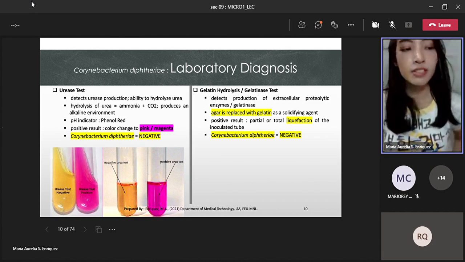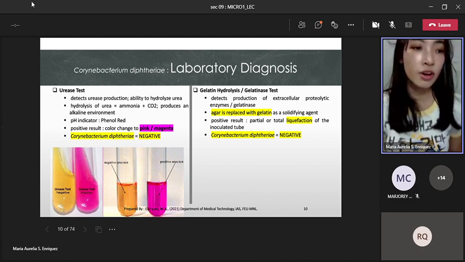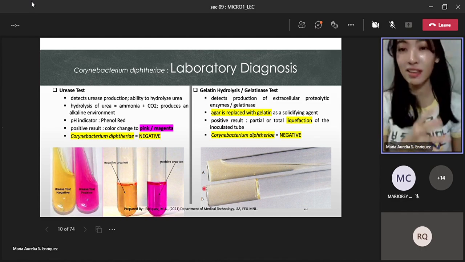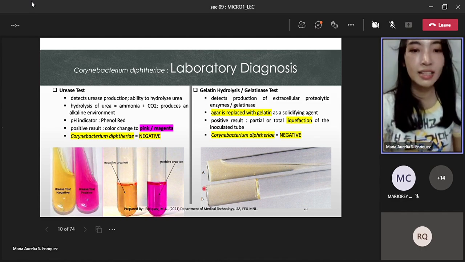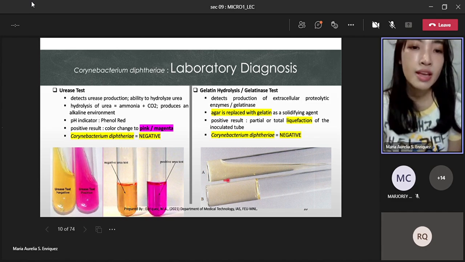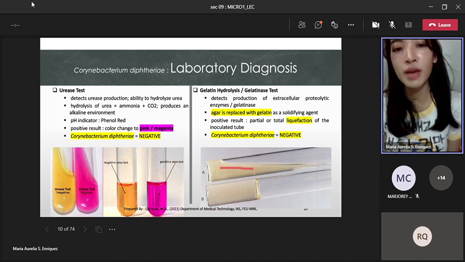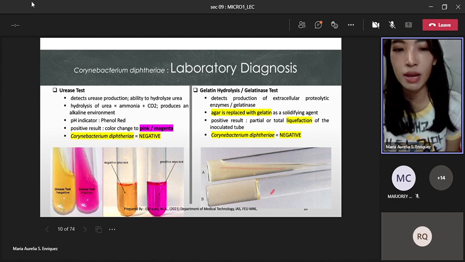Now, a positive result is indicated by partial or total liquefaction of the inoculated tube. As we can see right here, parang nag-melt yung test medium na ginamit natin. So ito po, tube A, this is a positive result, and tube B, this is a negative result for the gelatinase test. Kung makikita natin, itong tube A parang nag-melt po yung test media.